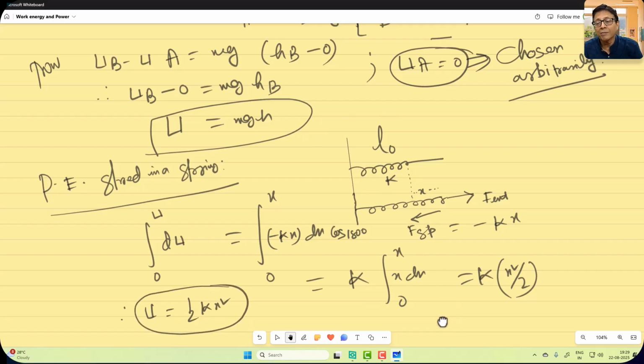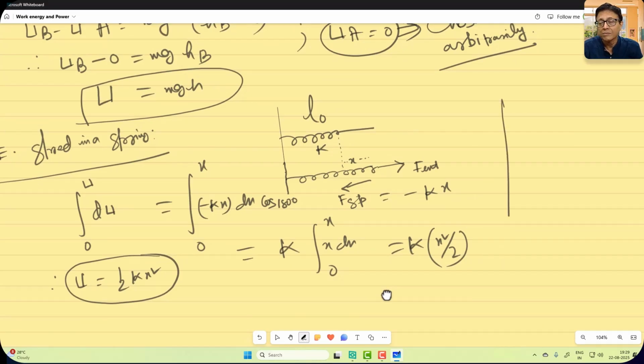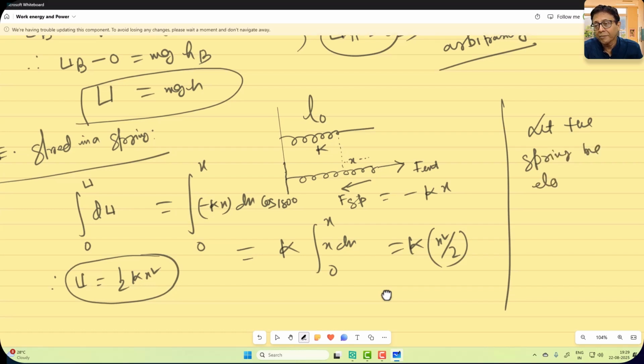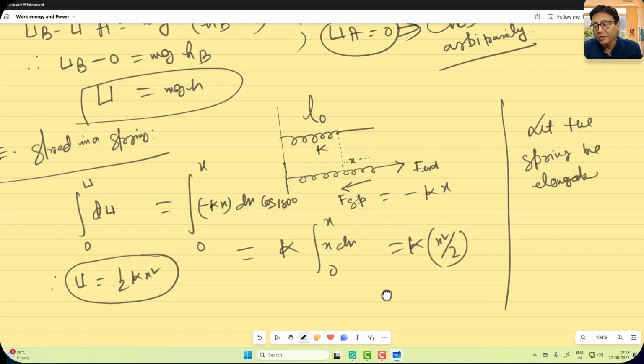If there is some initial elongation, let the spring be elongated from x1 to x2. x1 is the initial elongation, x2 is the final elongation.